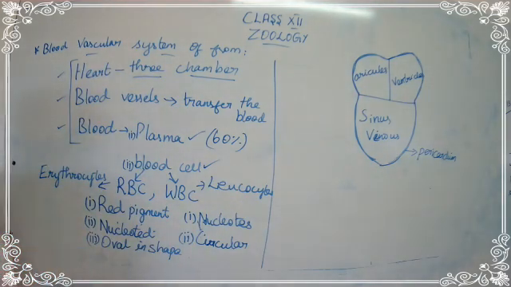Okay. So, RBC is otherwise called erythrocyte. WBC or white blood cells are otherwise called leukocytes. Are you clear? Okay, once again repeat the whole point. What are the parts of the blood vascular system of frog? Yes, very good.